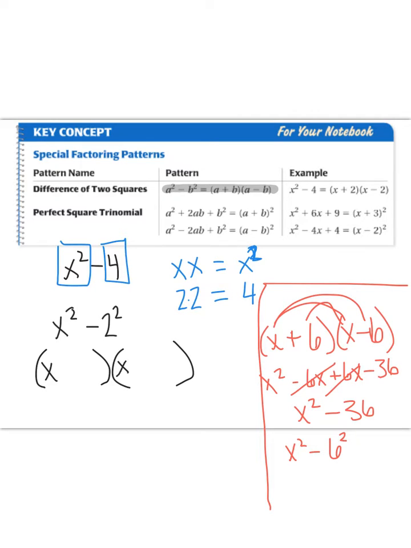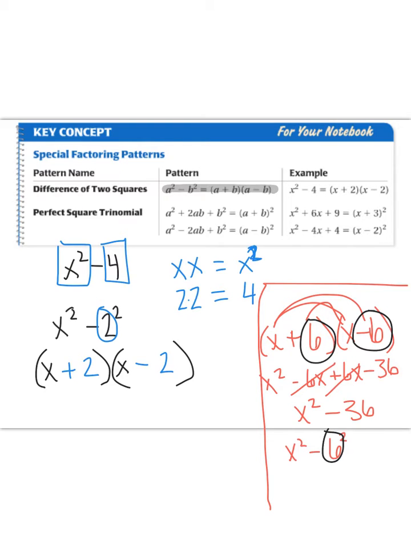Now we know we have x's, and using the red example over there, I noticed that 6 and negative 6 are in my two binomials, and I also have a 6 squared here. So same thing. Up here I had a 2 squared. That means I'm going to have a positive 2 and a negative 2 in my binomials.